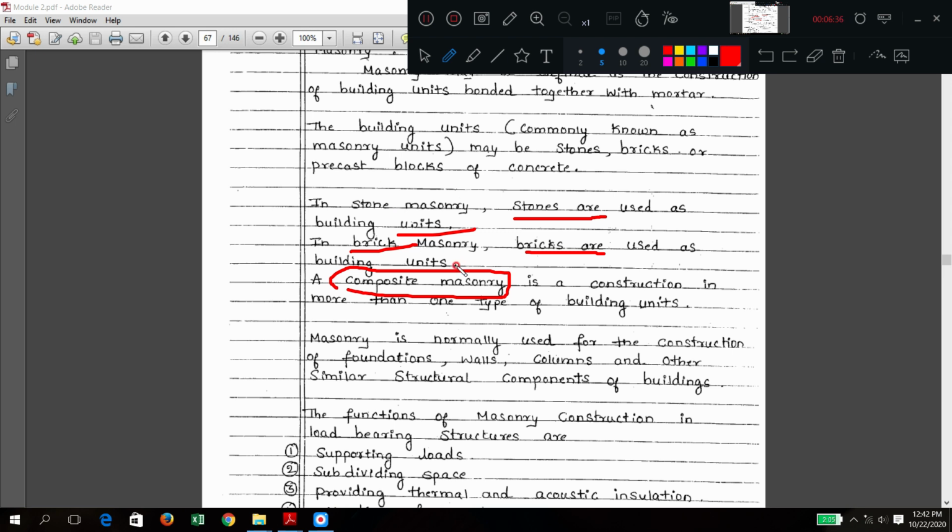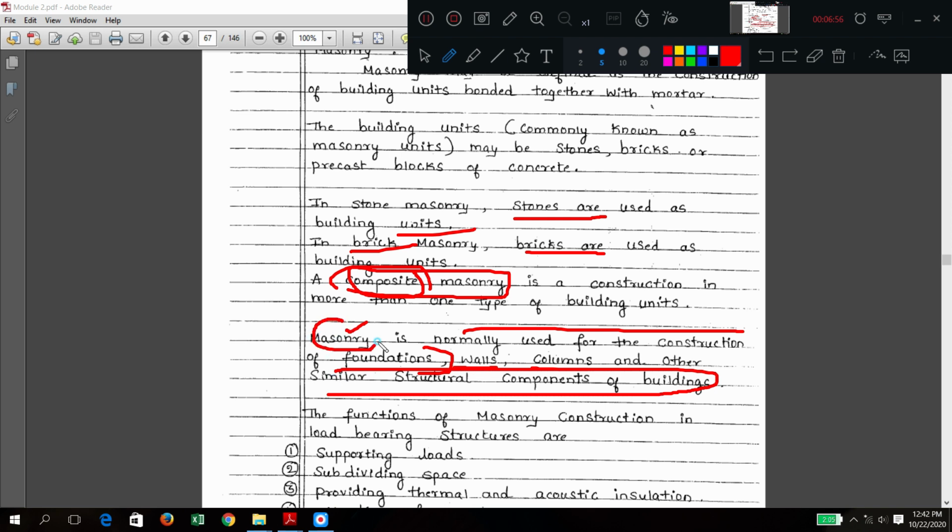When all are used, we call this composite masonry. Masonry is normally used for the construction of foundations, walls, columns, and other similar elements. For everything masonry is used.